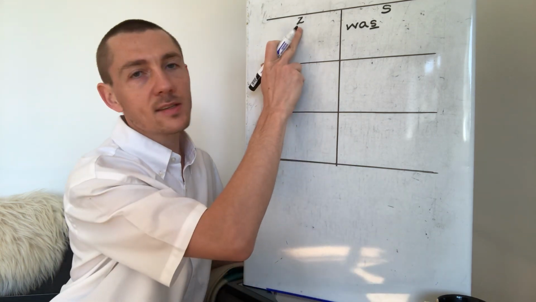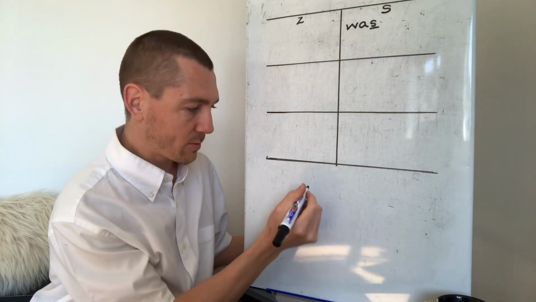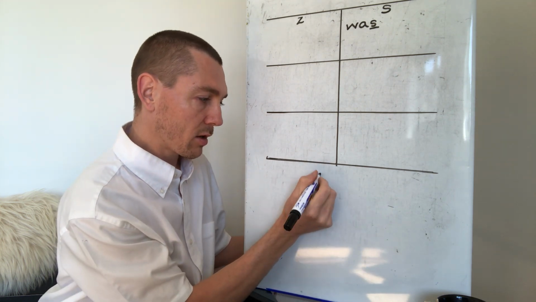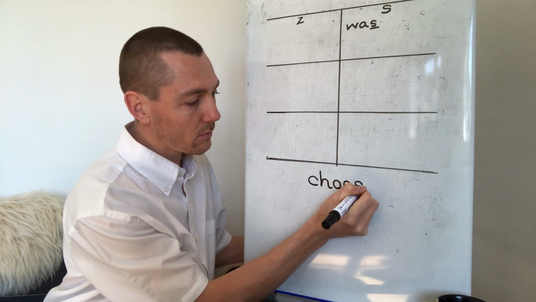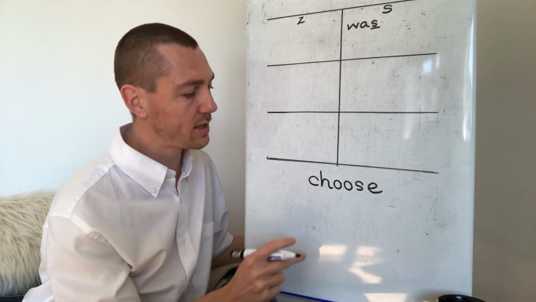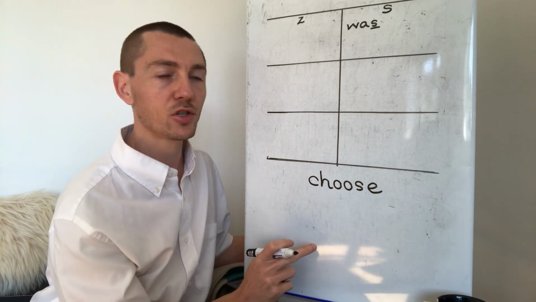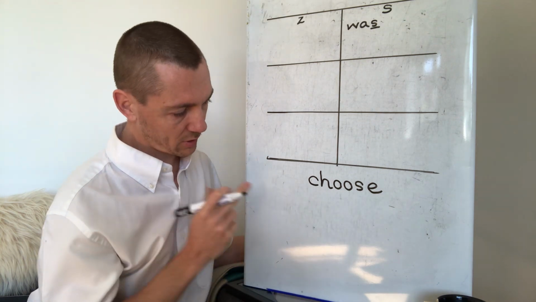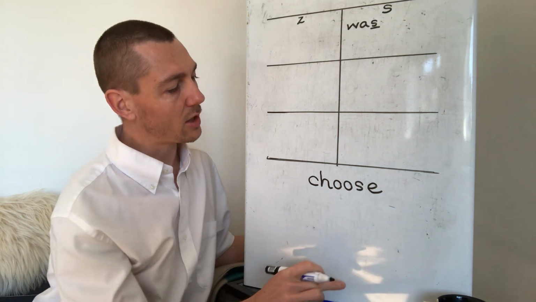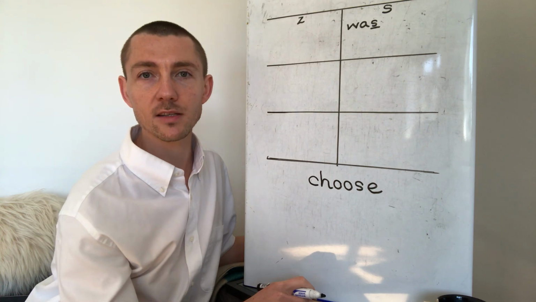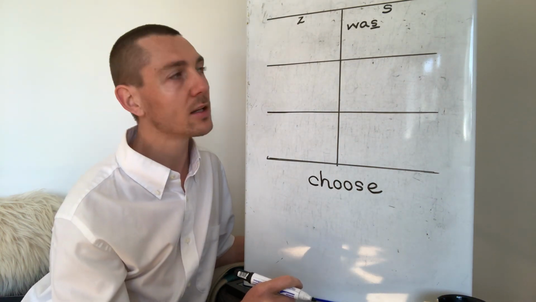Still need something for this Z spelling of Z section. So how about this word? Let's have a look. Okay, after 3, the word is 1, 2, 3. Choose. Good. You can hear a Z sound in choose, but which spelling?